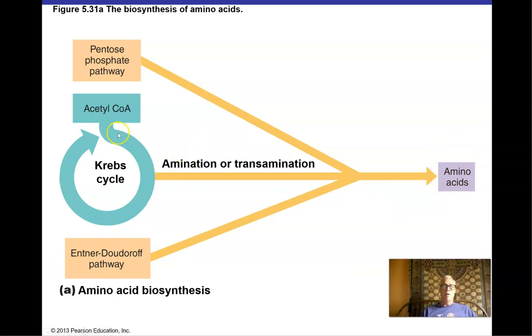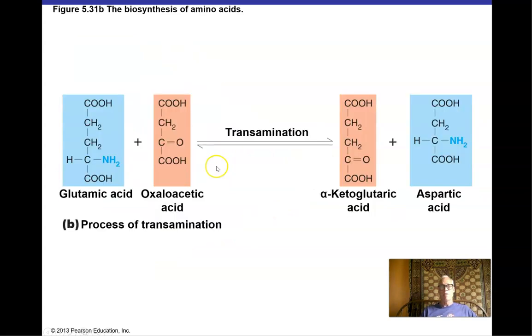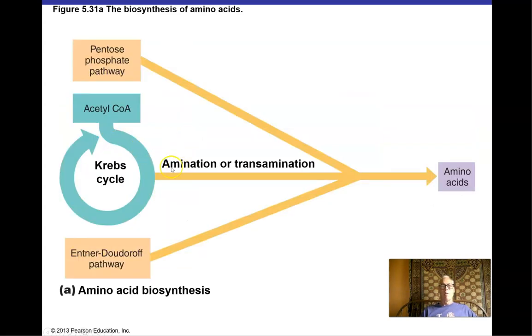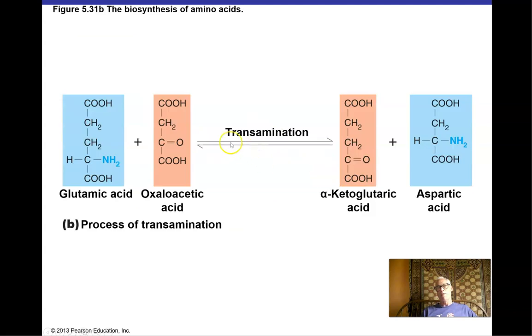Sometimes, though, the amino acids aren't produced directly from these 3 processes. Sometimes we can only produce maybe 1 out of a pair of amino acids, but then we can produce the other by transferring the amine group, the nitrogen group, from one amino acid to the other. So here we see, starting out with glutamic acid and oxaloacetic acid. That's the first chemical of Krebs cycle.